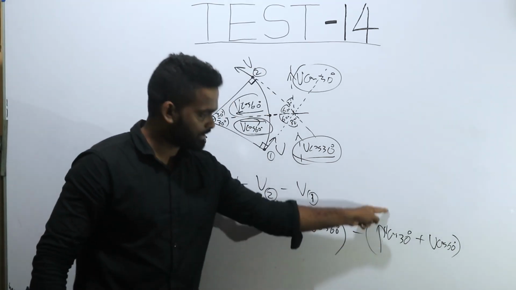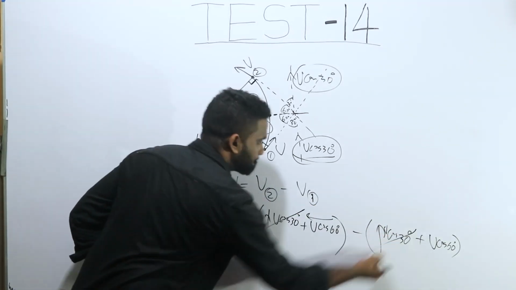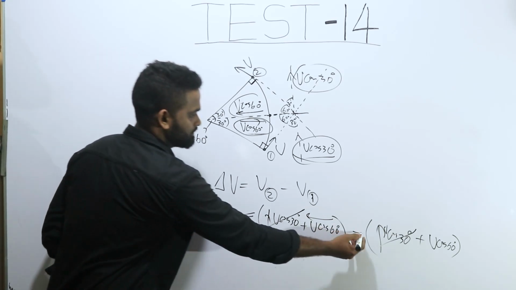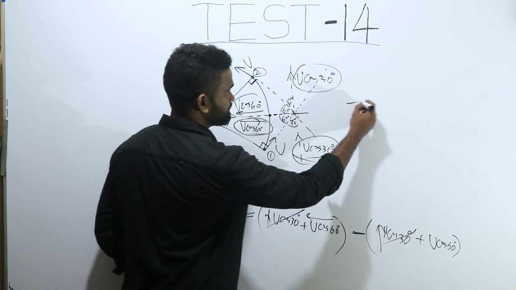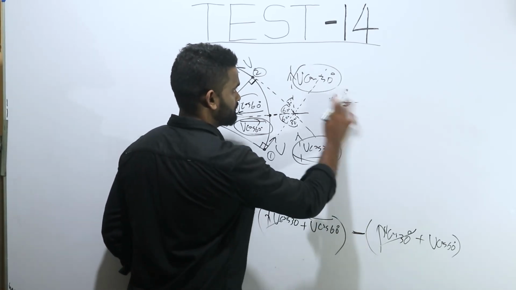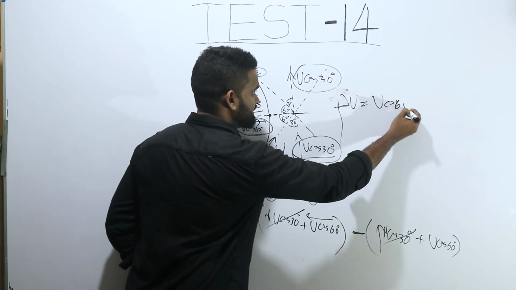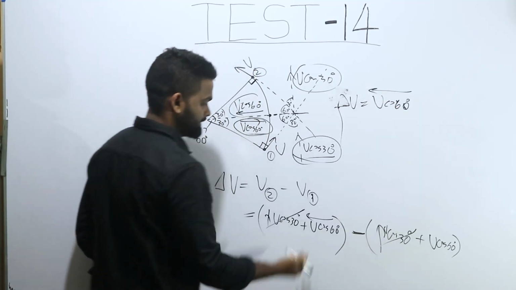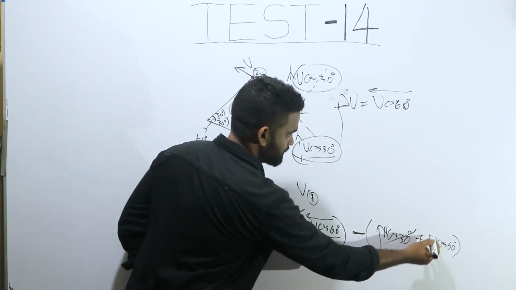This one and this one have the same direction, so we can cancel these two, since there's a minus here. Then what do we end up with? Delta V is V cos 60 towards the center, this component, minus this component.